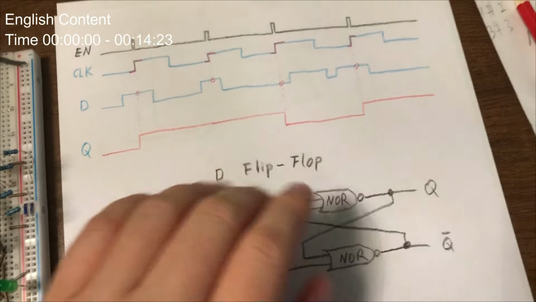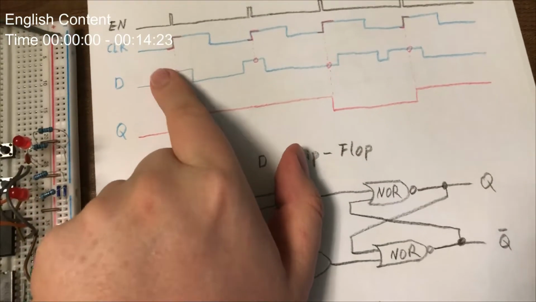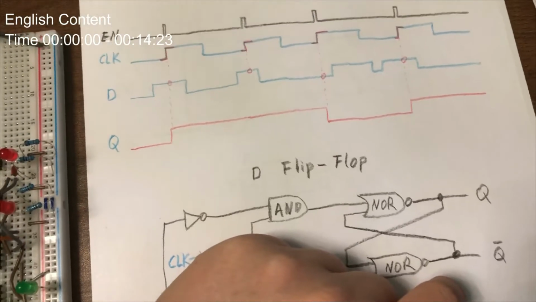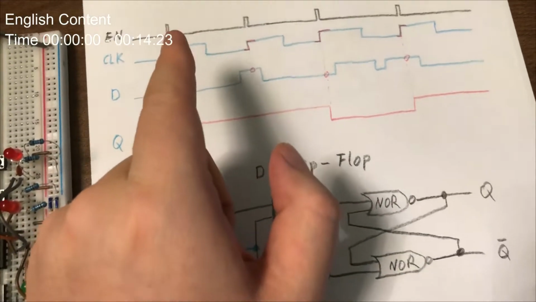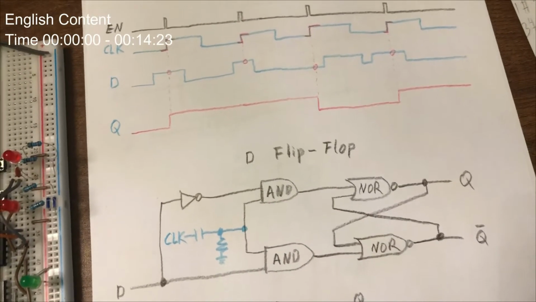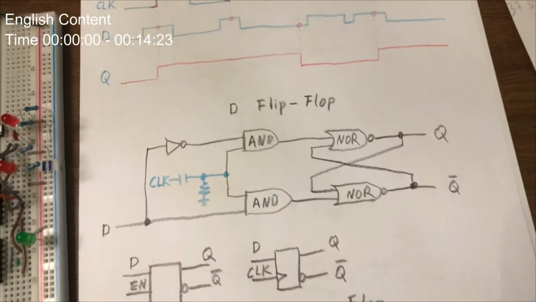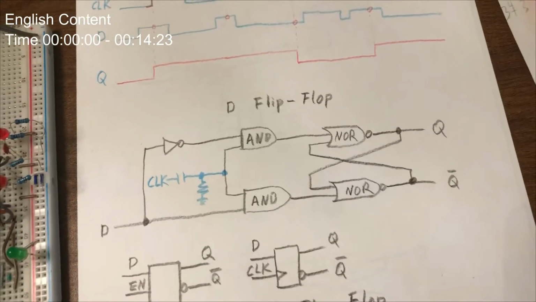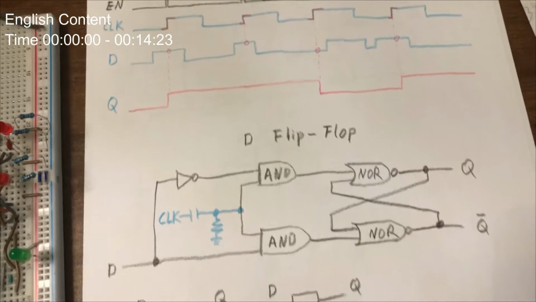When the clock signal has an edge from low voltage to high voltage, it will trigger enabling signals. This enabling signal time is very short, so the data will only be stored in that moment.